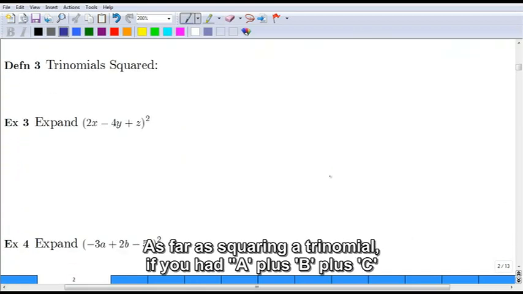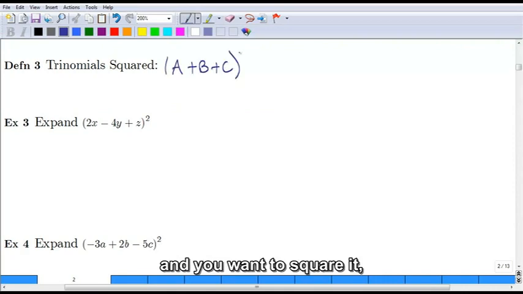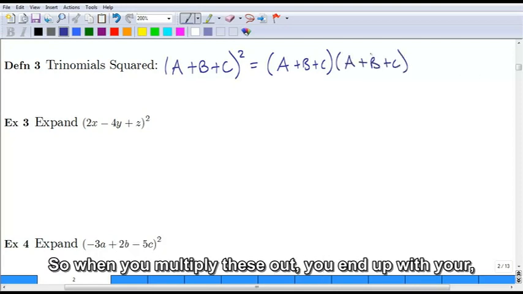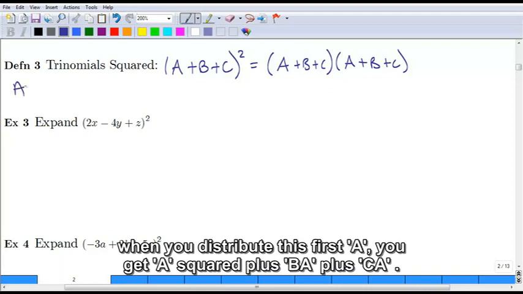As far as squaring a trinomial, if you have a plus b plus c and you want to square it, then you would take a plus b plus c times a plus b plus c. So when you multiply these out, when you distribute this first a, you get a squared plus ba plus ca.